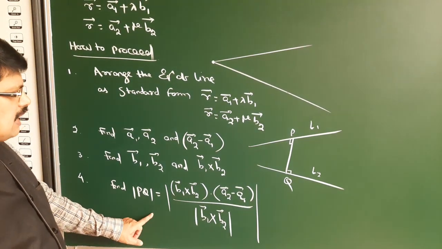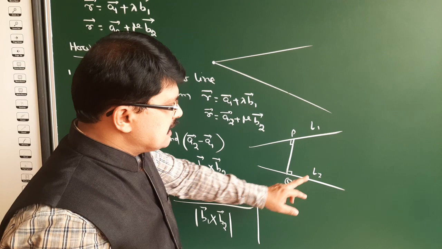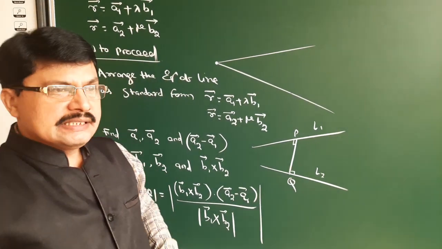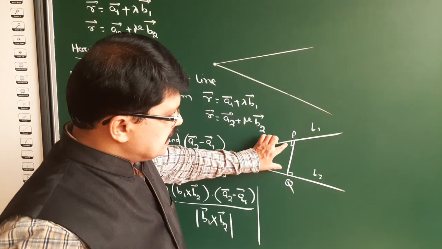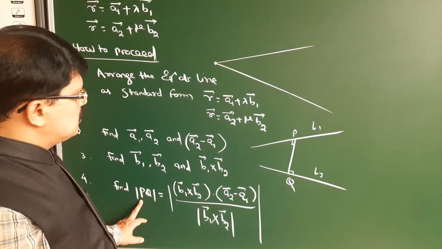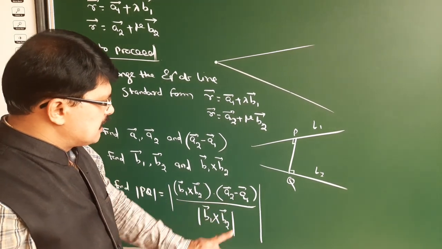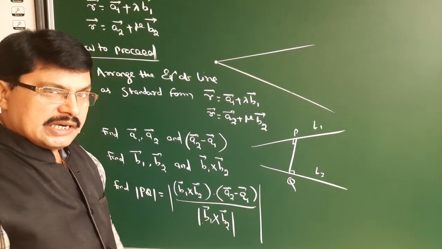So this is the formula to find this distance PQ. So if these two lines are not parallel, the distance between them, here it is PQ, is the magnitude of b1 cross b2 dot a2 minus a1 divided by magnitude of b1 cross b2.